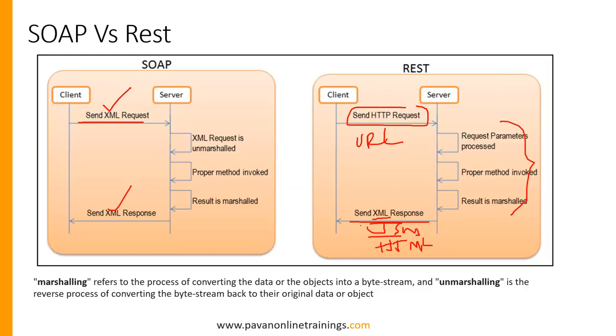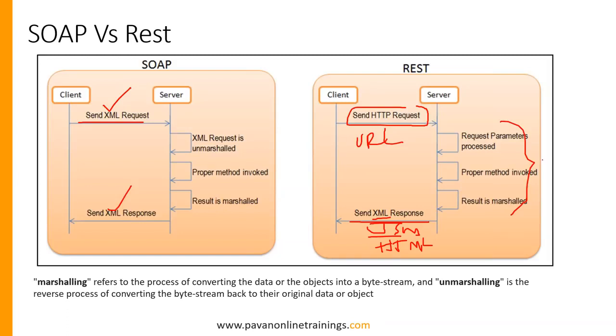And SOAP will use only XML in request as well as response. But REST will use all kinds of formats like XML, HTML, JSON, and text format. Okay, these are the basic differences between SOAP and REST services. So we need to focus more on REST services, because most of the companies nowadays are using REST services.